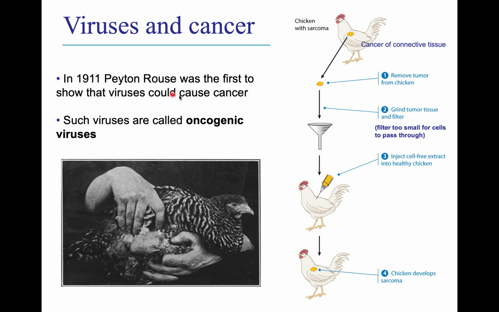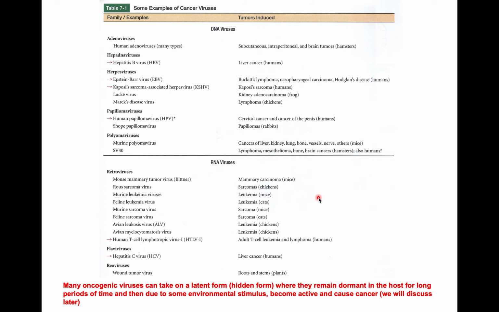and really the realization was, okay, the only thing that spreads this way that's smaller than a cell is a virus. So the only logical explanation was that we had to be passaging a virus from chicken to chicken, and that virus had to be causing cancer. These viruses were called oncogenic viruses, and are still called oncogenic viruses, cancer-causing viruses.